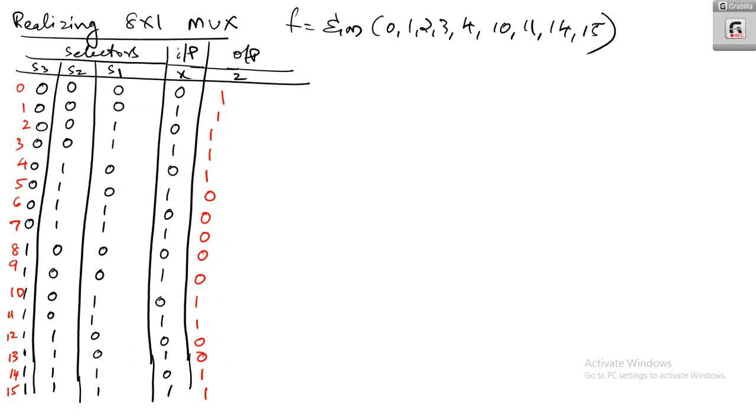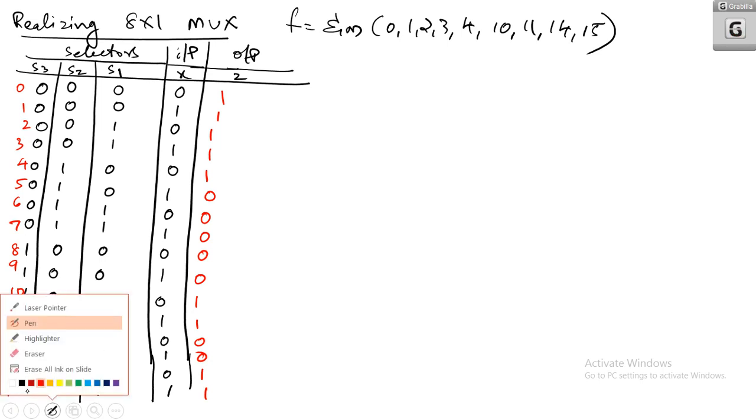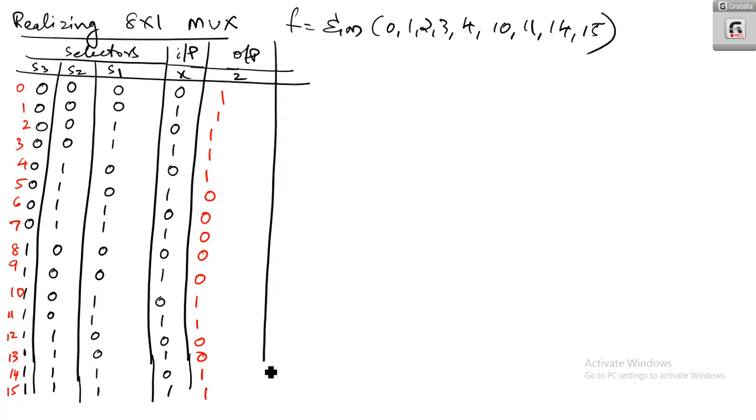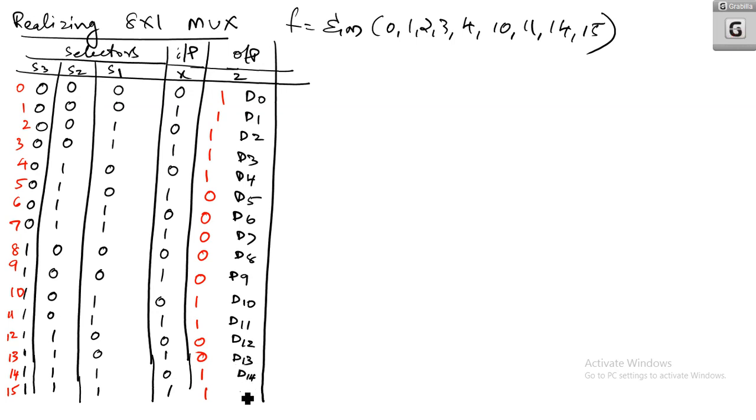Now, how to select these outputs? That is a big question. So I am drawing a table like this. Here I am having D0, D1, D2 up to D15.